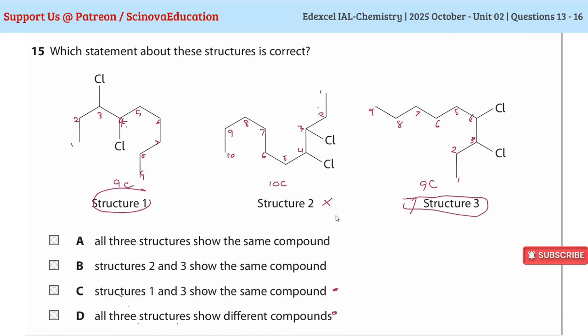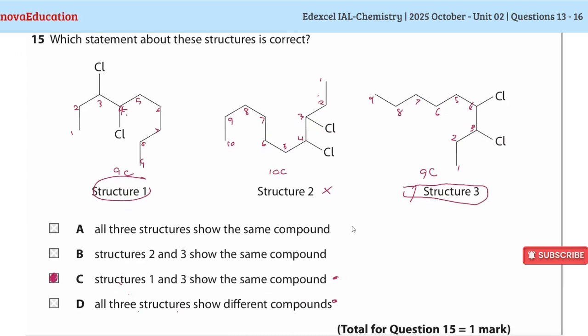This is 3,4-dichlorononane. This is also 3,4-dichlorononane. Both are the same structure, but the conformation is different. That's why they appear like two different compounds, but they are the same compound.